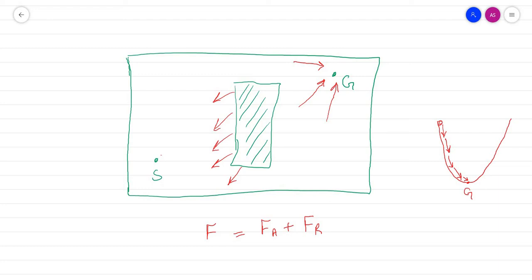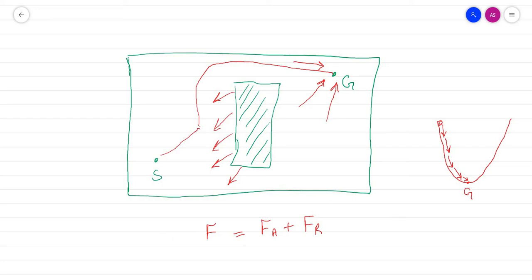So the robot will move toward the goal, and whenever it feels the repulsive force, it stays away from it and then finally reaches the destination. So this is a quick review, and now let's see how we can implement this in MATLAB.